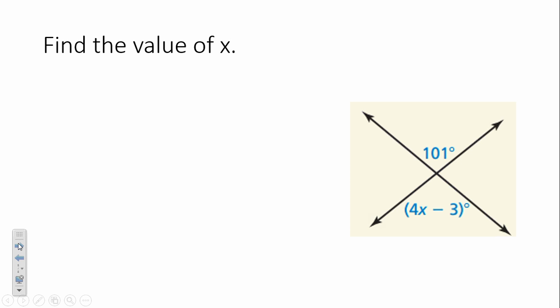No book work today. Okay? Find the value of x. All right, so Laura and Braxton have been on fire today. We've got to pick on some other people to make sure that they're helping us out.